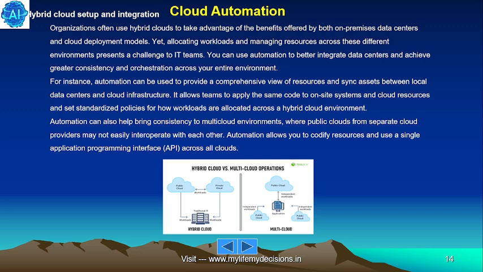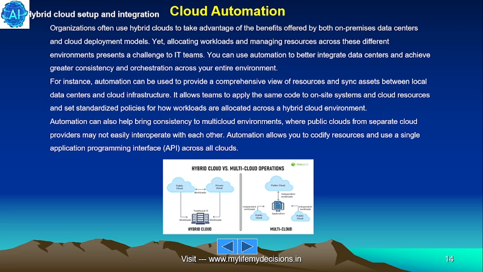For instance, automation can be used to provide a comprehensive view of resources and sync assets between local data centers and cloud infrastructure. It allows teams to apply the same cloud code to an on-site system and cloud resources and set standardized policies for how workloads are allocated across a hybrid cloud environment.